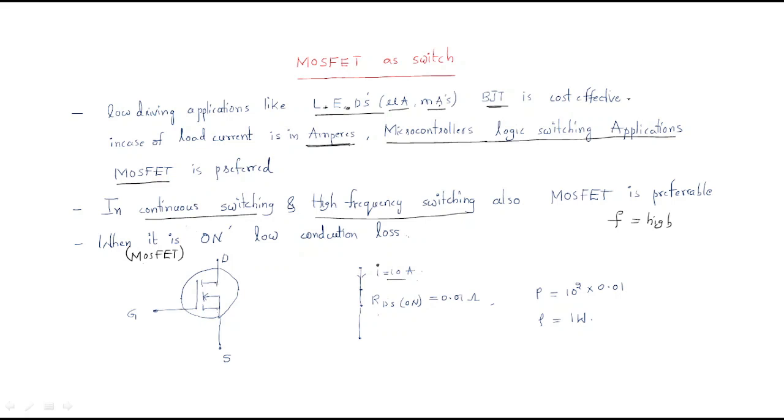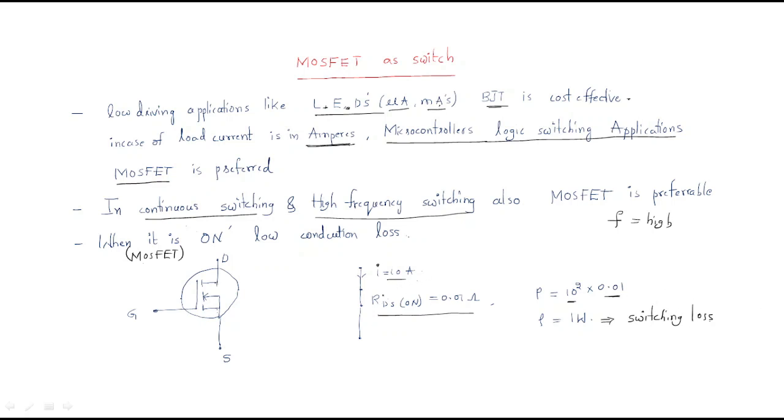Then the power equals I square R. Power equals 10 squared times 0.01, so the power equals 1 watt. This is the switching loss. This amount of loss will occur in the MOSFET.